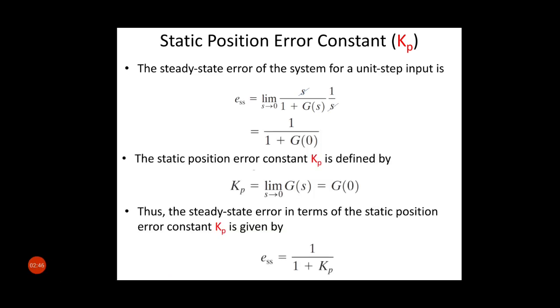The static position error constant is always represented by Kp, and it is calculated by Kp equal to limit s tends to 0 G(s)H(s), the open loop transfer function.